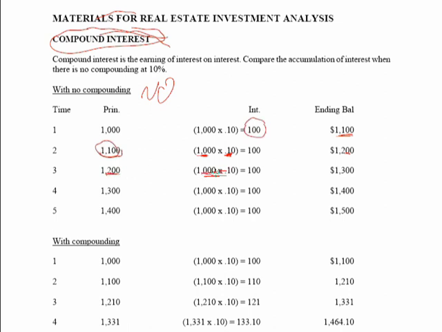Again, we got a bad account here. We only make interest on our original principal, so we make another $100 interest. So our ending balance is $1,300, and so on for 2 more periods, until after 5 years of investing in this investment, which on the surface is 10%, that sounds like a good investment. But we read the fine print here, and it's only 10% on our original principal. We'll have $1,500.